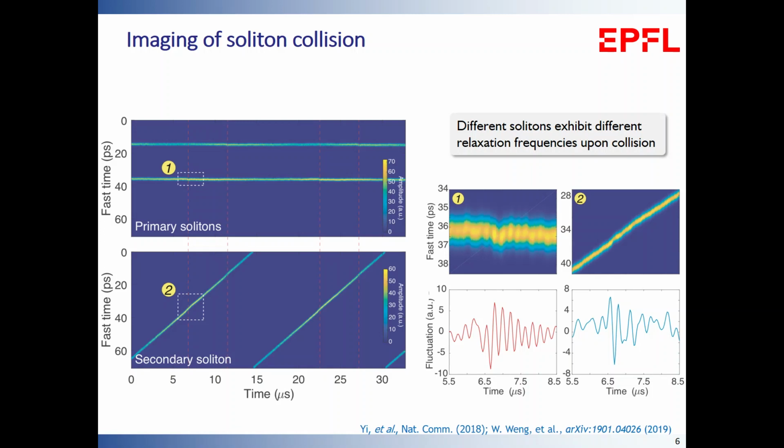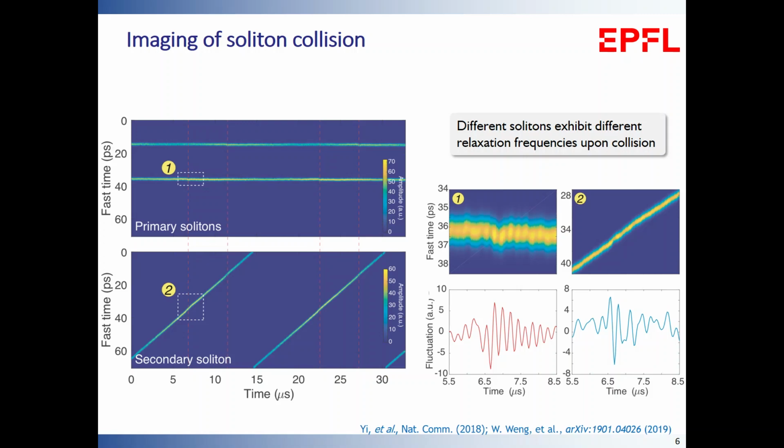And these two solitons have different group velocities. And at these points that are denoted by the red lines, they overlap in the temporal space, which means that they cross each other, right?